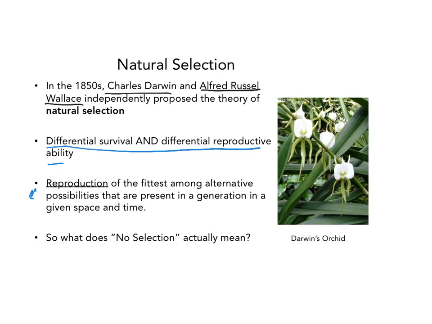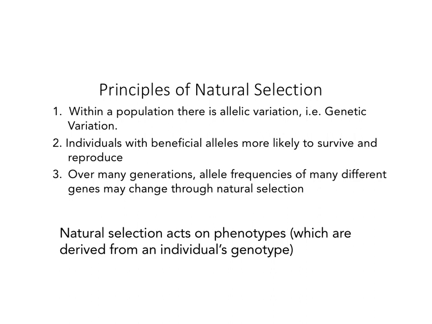Everybody has the same probability of reproducing, and everybody has the same probability of contributing the same number of gametes. Okay? So that is what is actually meant by no selection. Do you think that everybody has the same probability of reproducing? Do you think that everybody has the same probability of producing an equal number of gametes? Probably not. But that's what we mean by differential survival and differential reproductive ability.